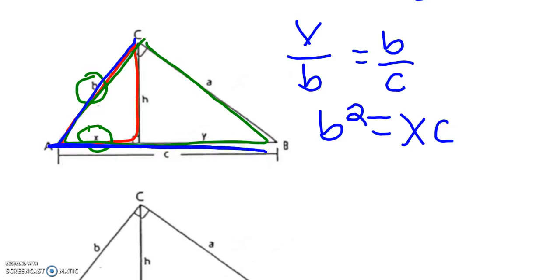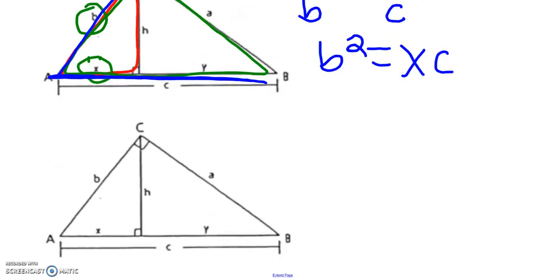Okay, so let's look at that with the next one. So now we're going to be looking at the other small triangle formed when we draw the altitude.